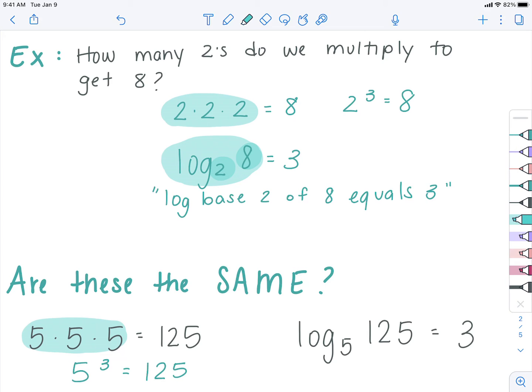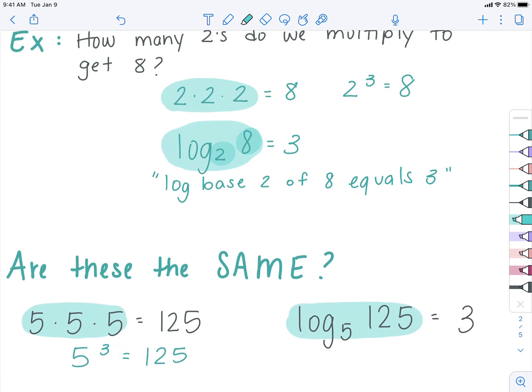And now we know that log base 5 of 125 is just asking us how many times we have to multiply 5 to get 125. So they are the same thing. They're saying exactly the same thing. They're just written in two totally different forms. The first one is written in exponential form. The second one is written in log form. So it's just different notations for saying the same thing.